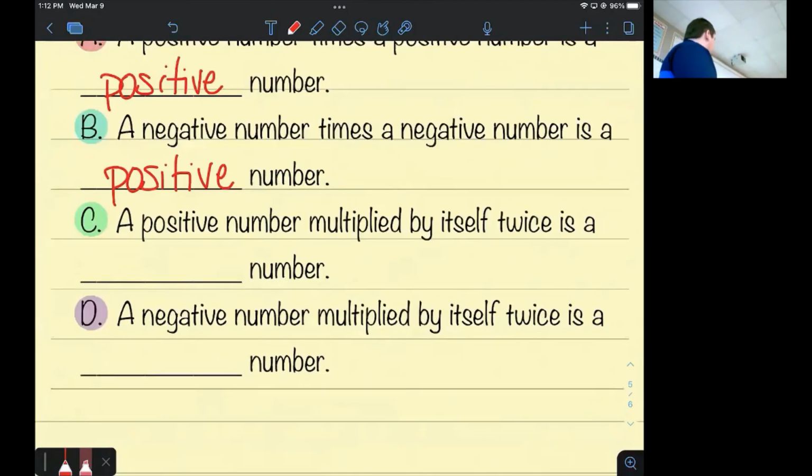A positive number multiplied by itself twice. So positive times positive times positive is positive. A negative number multiplied by itself twice. So negative times negative times negative.